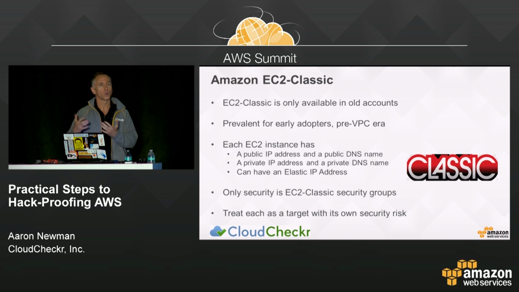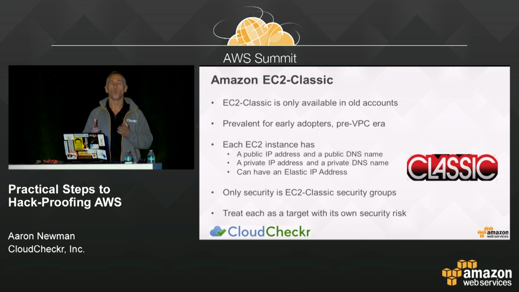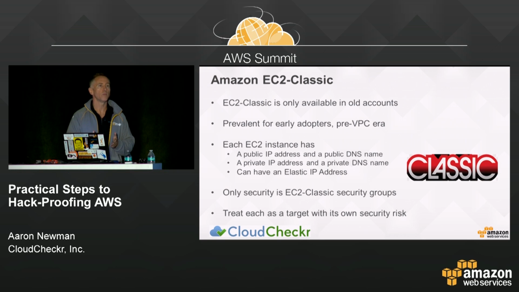Now, in the old world with EC2 Classic, each instance that you spun up was basically sitting on its own. It had to have its own security groups associated with it. There wasn't a unified way to protect it. So it made things a bit more challenging because one security problem somewhere can expose you. Versus in a VPC, you have a VPC layer where you can at least filter out most things.